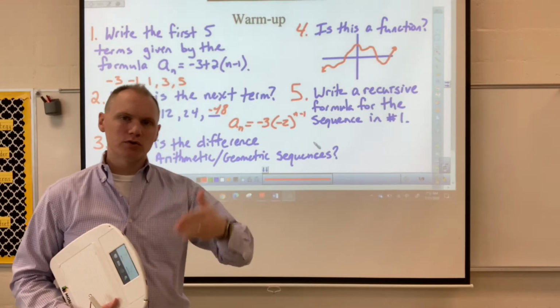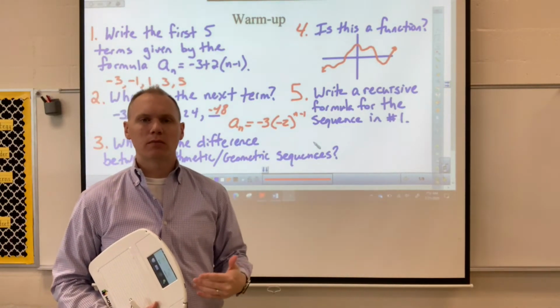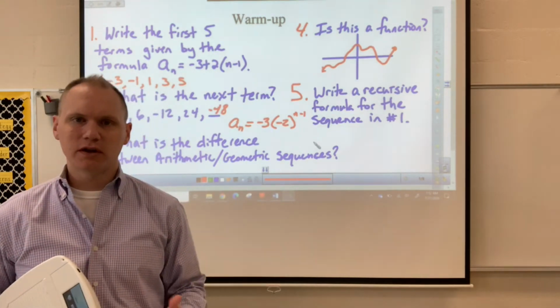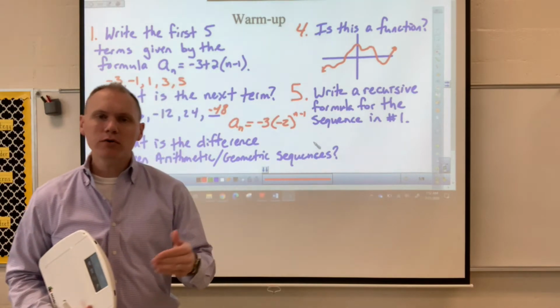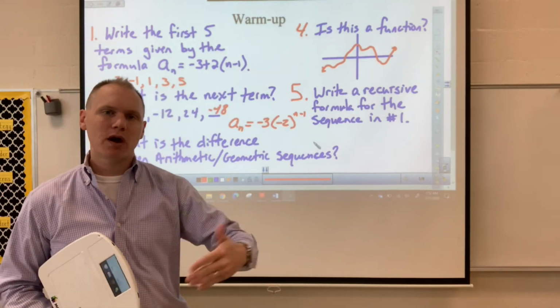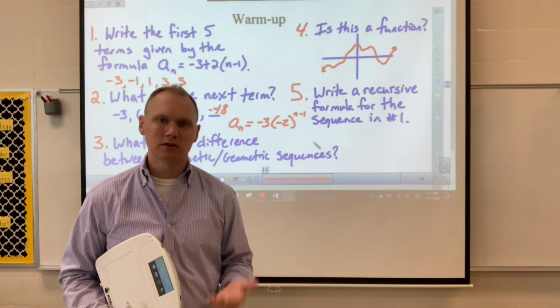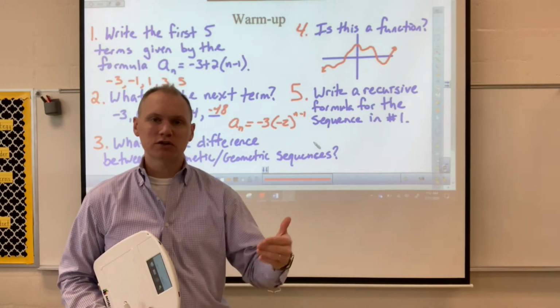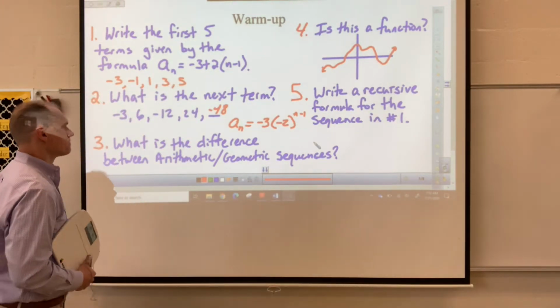If the operation we're doing every time is repeated multiplication, and you can kind of think about division fitting under that umbrella, then it's geometric. And so both of these have a repeated process, but the difference between them is that repeated process is different. It's either an operation of addition or an operation of multiplication. So that's how we can kind of think about that.